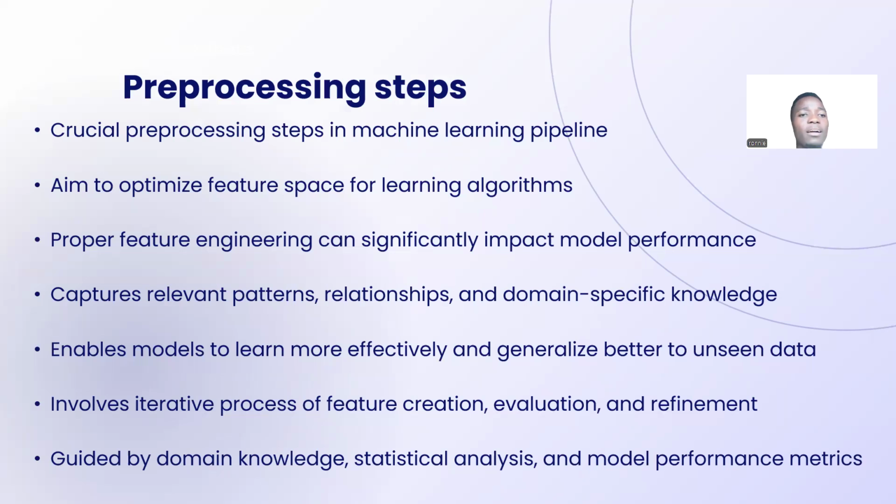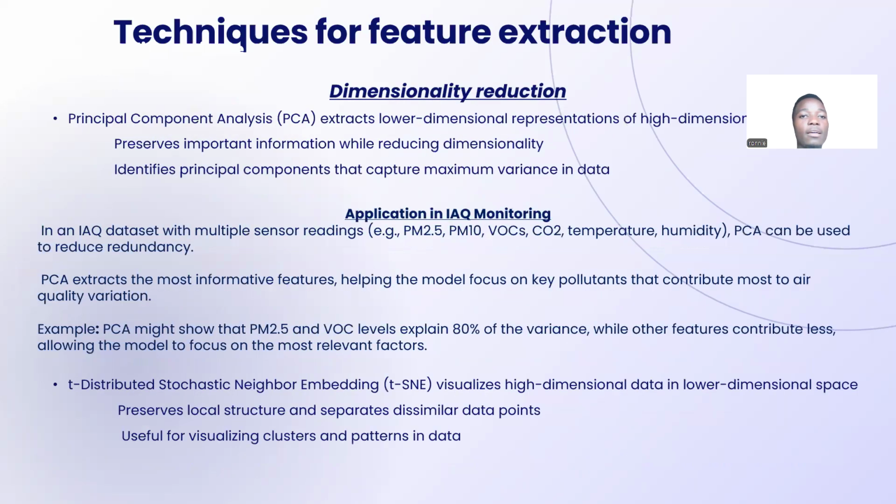Then the pre-processing step. The pre-processing step here is a crucial step in the machine learning pipeline. It aims to optimize the feature space for learning algorithms. Proper feature engineering can significantly improve performance, capturing relevant patterns and enabling models. Going further to the techniques, now we have the dimensionality reduction.